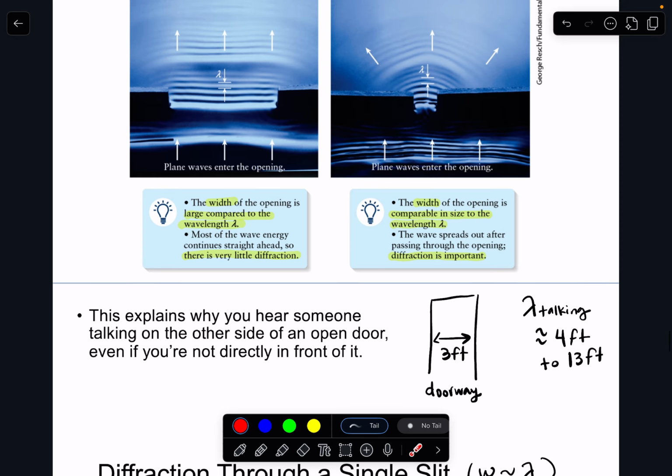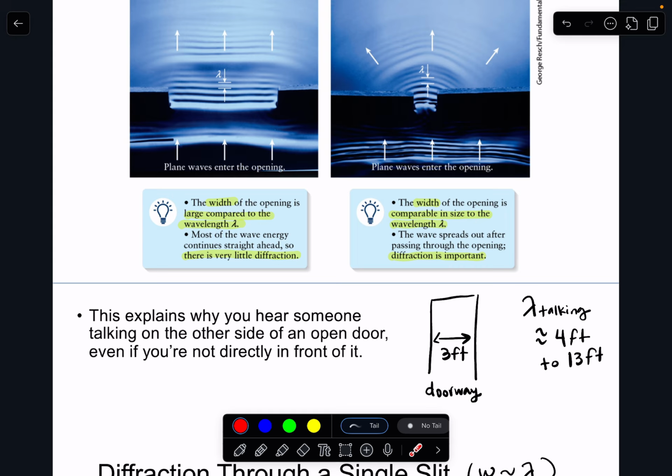Anything that behaves like a wave, we can talk about diffraction. So we can talk about water waves, and we can also talk about sound waves. If a door is open and you can hear someone talking in the other room, let's think about why that is.